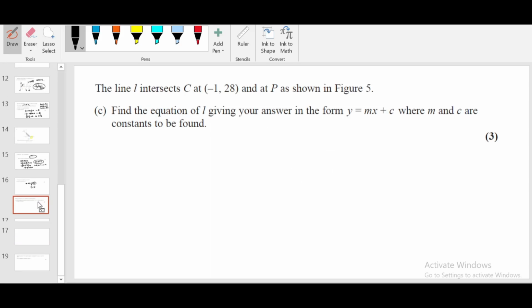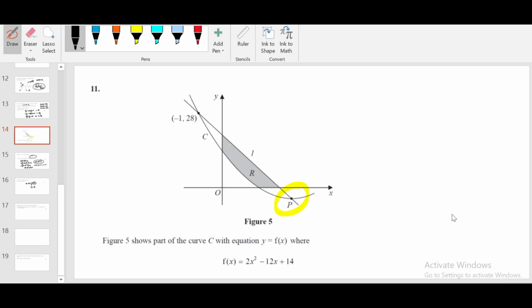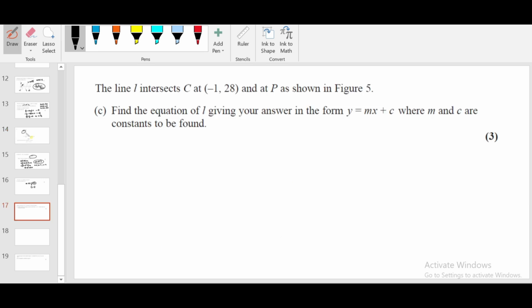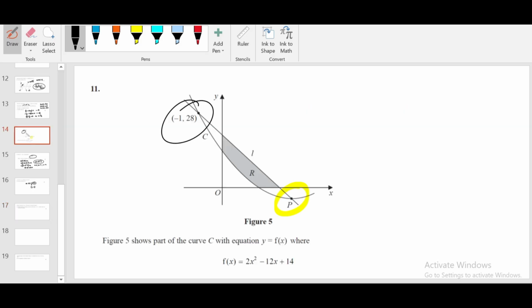Now part C says, the line L intersects C at minus 1 comma 28, as you can see this point, and at P also. Find the equation of the line. So basically you have 2 points already.